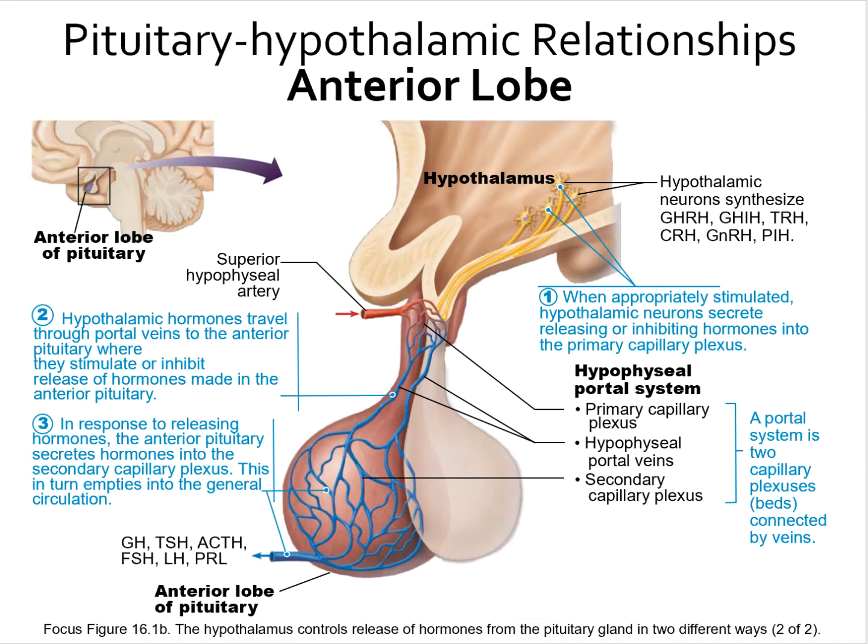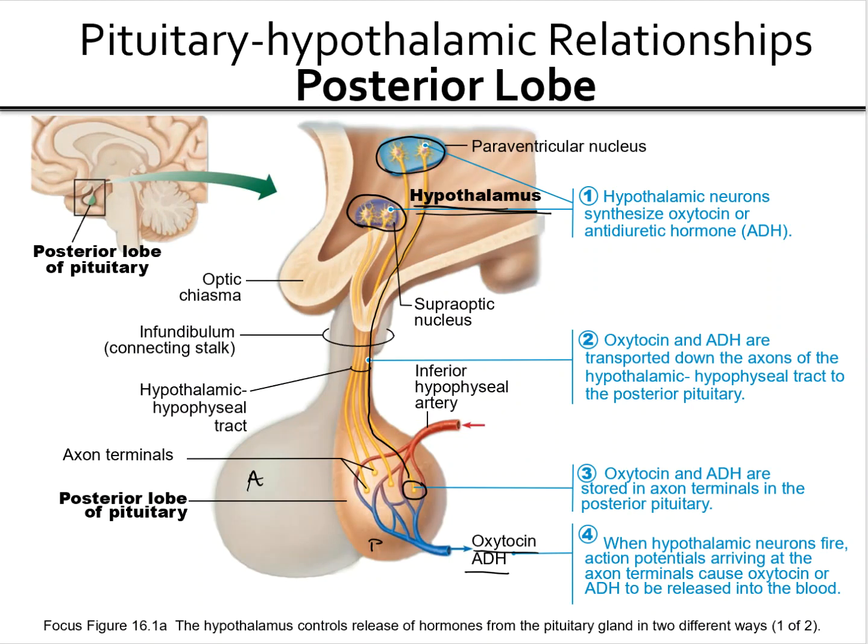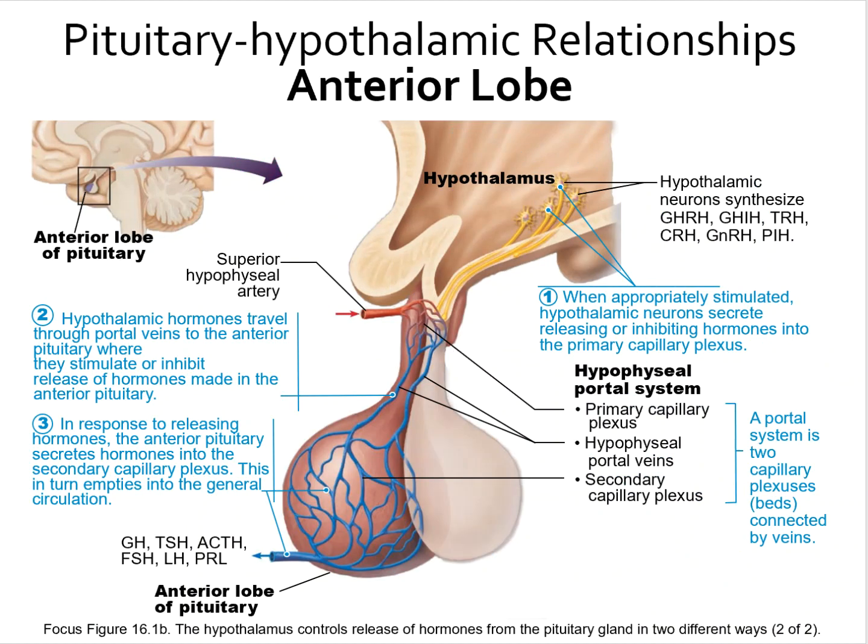I already showed you the anterior pituitary a little while ago when we were talking about the posterior pituitary and the tissue makeup. But one thing I want to highlight here is, I'm going to jump back to that posterior pituitary. When we talked about oxytocin and ADH in the posterior pituitary, those hormones were made in the hypothalamus and secreted in the posterior pituitary. The anterior pituitary is a hormonal signaling pathway.